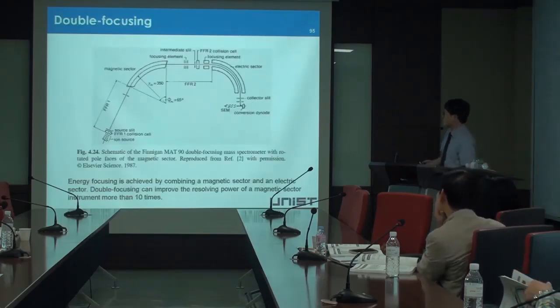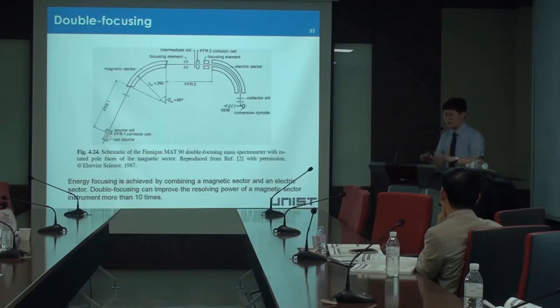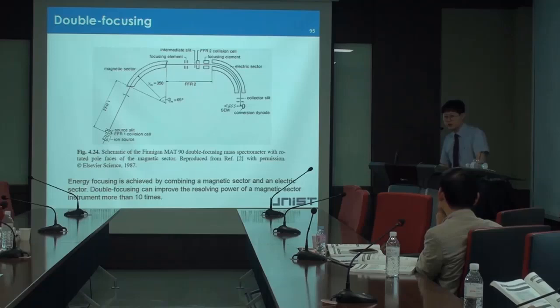And this is a combination called double focusing, meaning the combination of an electric field and a magnetic field. So we can get more resolving power, high resolution, when we use both the magnetic sector and the electric sector. For the conventional high resolution MS, we generally use an electric sector, a magnetic sector, and then again an electric sector. High resolution mass spectrometers provide this type.